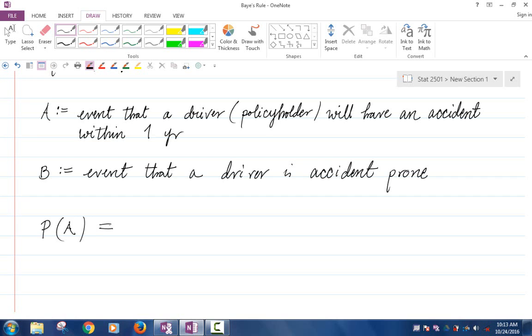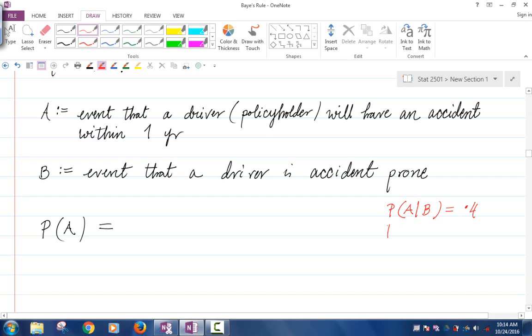So what are the things that are given? The probability of A given B is given to be 0.4. What else is given?